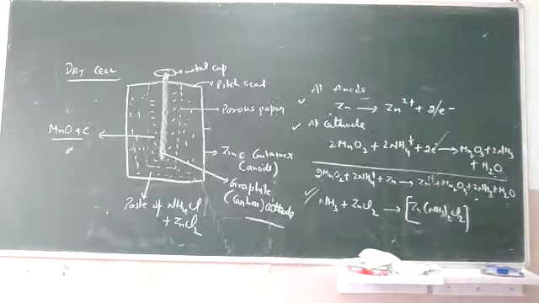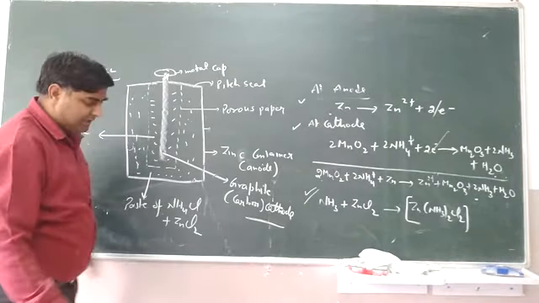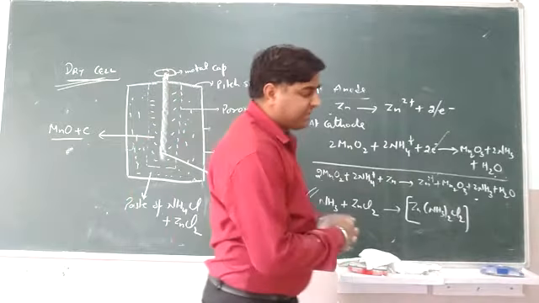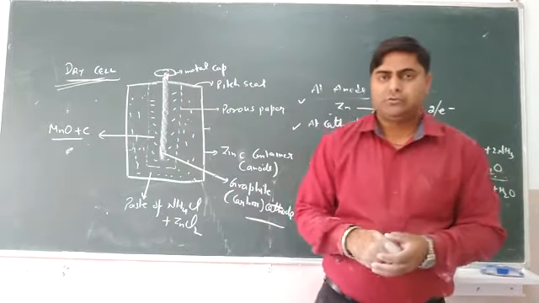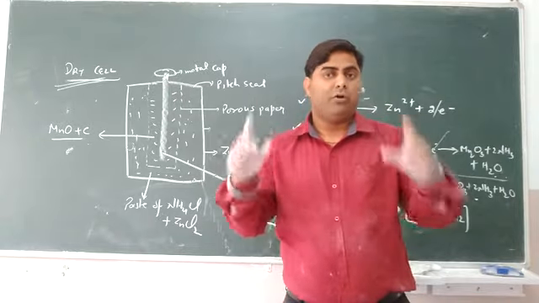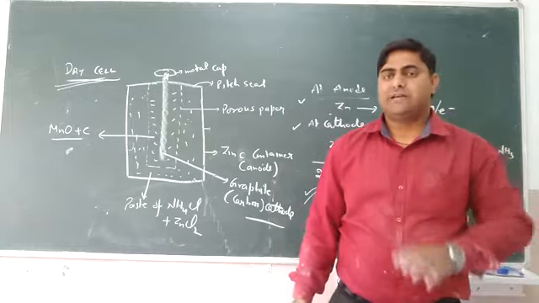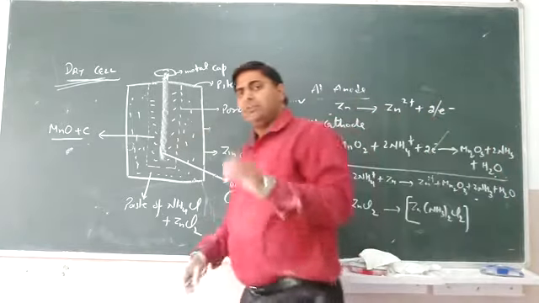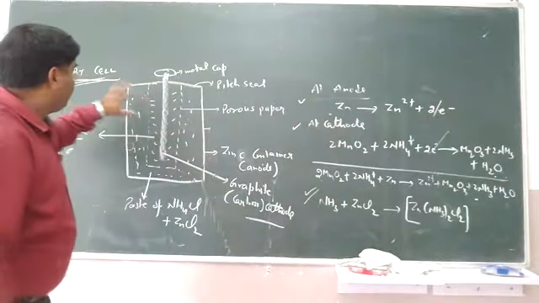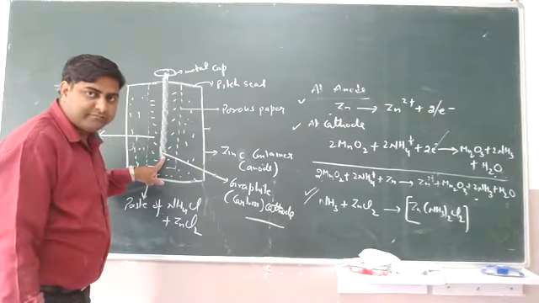Now we are going to discuss a very important cell which is called the dry cell, which we normally use. Dry cell is normally used in watches, wall clocks, and torches. Here you can see a dry cell which contains a graphite rod.